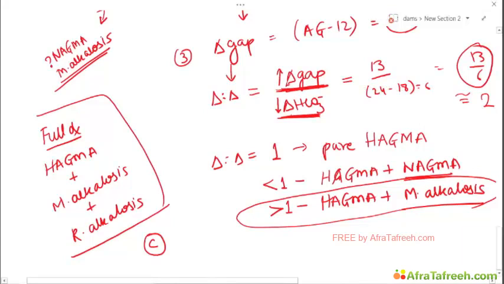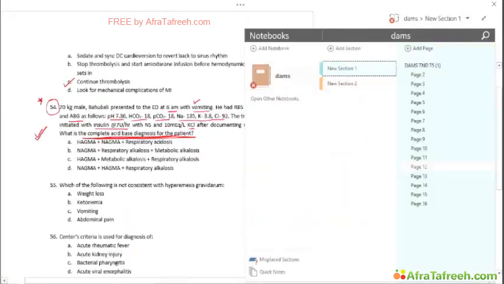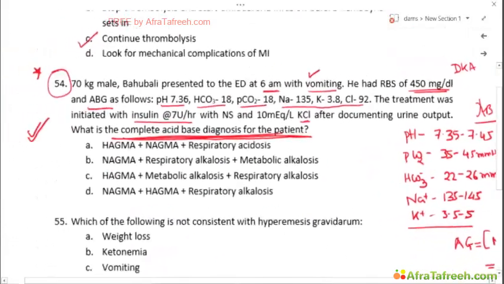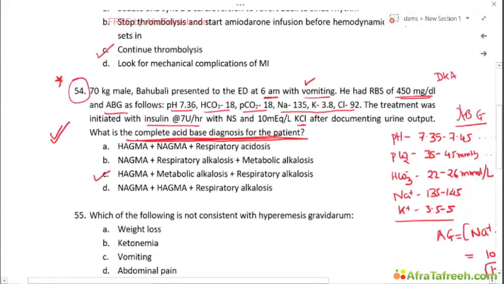We'll come back to the question now. How can we explain this clinically? This patient has DKA. DKA is known to be high anion gap metabolic acidosis. The patient has been vomiting, recurrent vomiting has been there, which can induce a parallel metabolic alkalosis. The patient probably may have some respiratory infection as well.